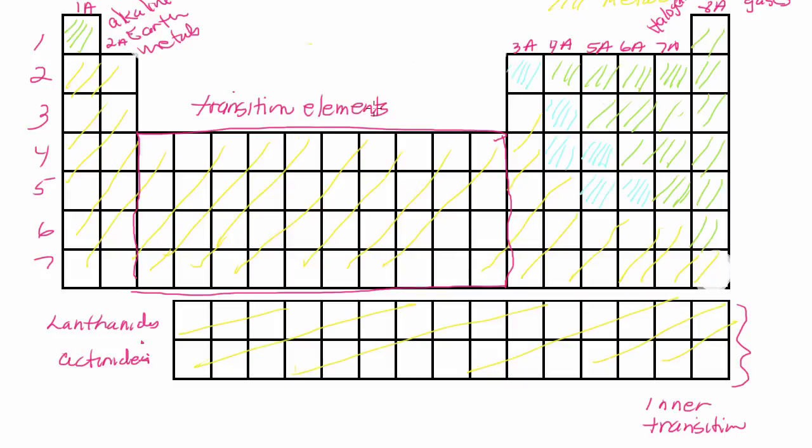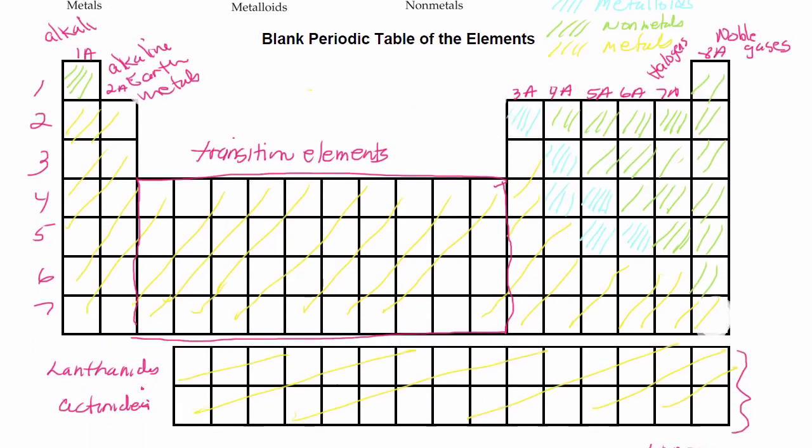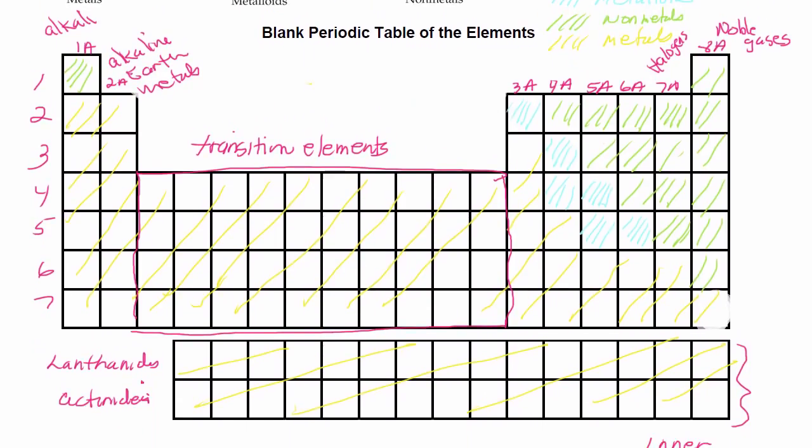Now, there is something that I want you to do, and that'll be explained in the next video. I want you to label groups 1A and 2A, and we're going to include helium. So groups 1A and 2A, including helium, we will call the S block.